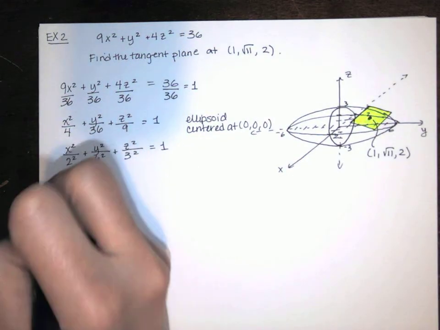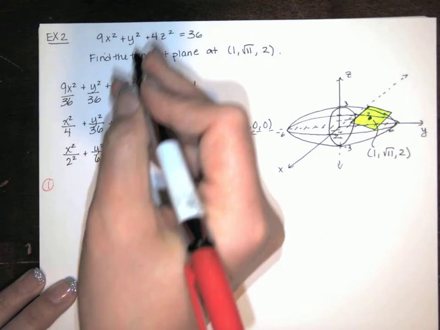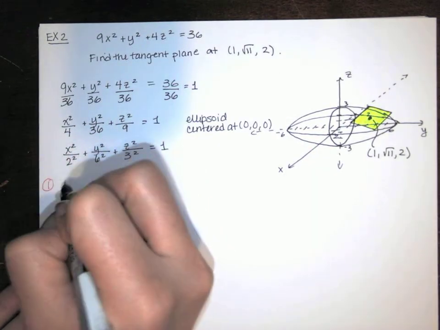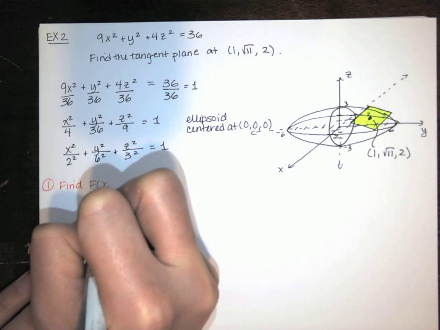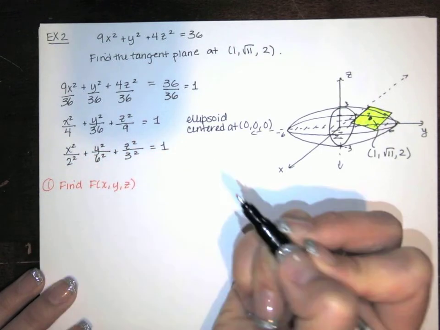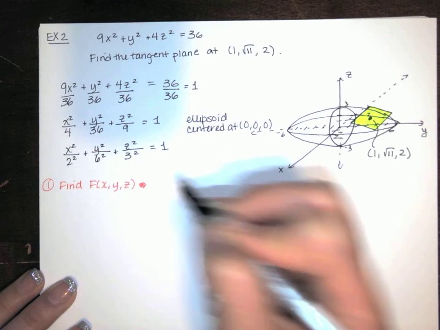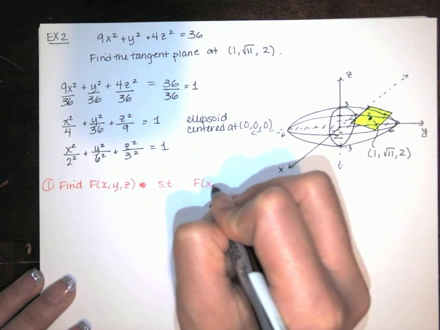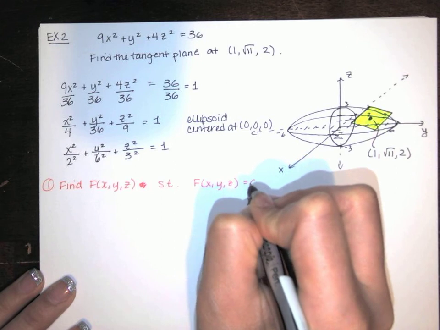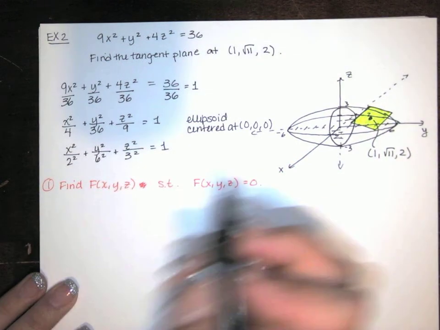But we're going to stick to our convention, so we'll set one side equal to 0. I'm going to say find capital F of x, y, z such that f of x, y, z equals 0.